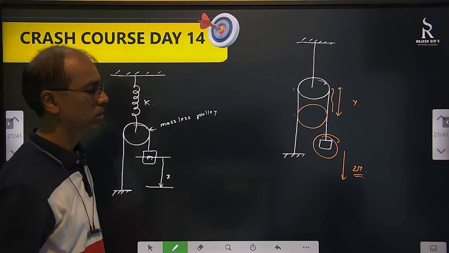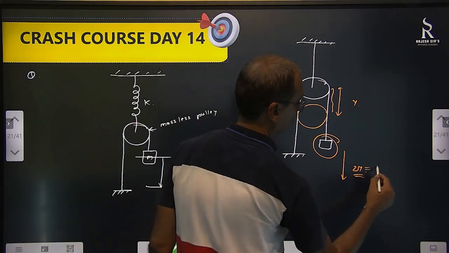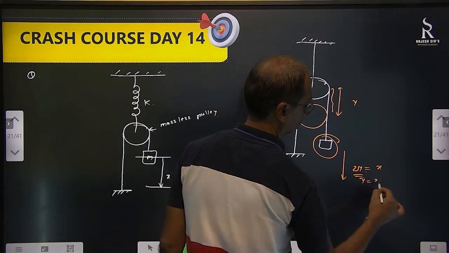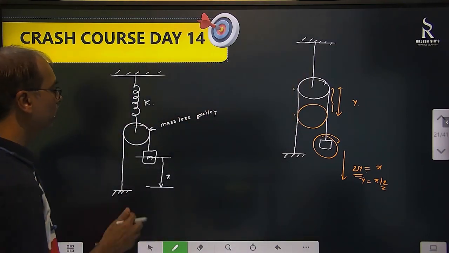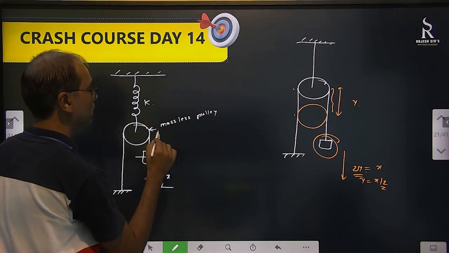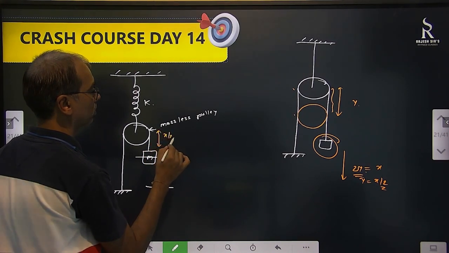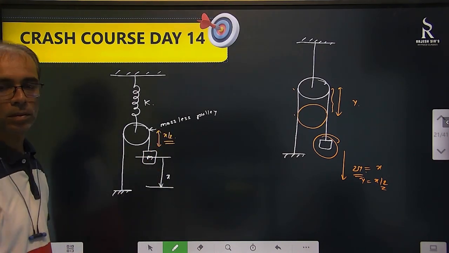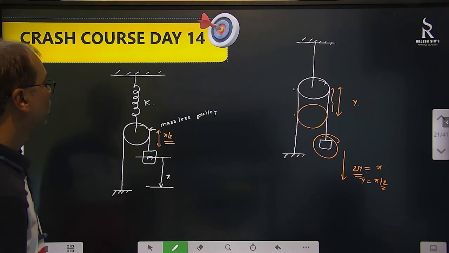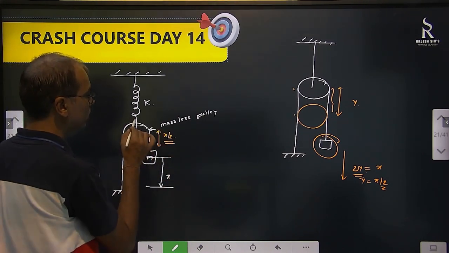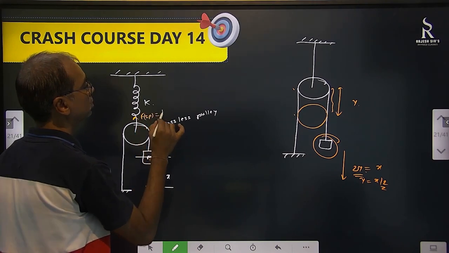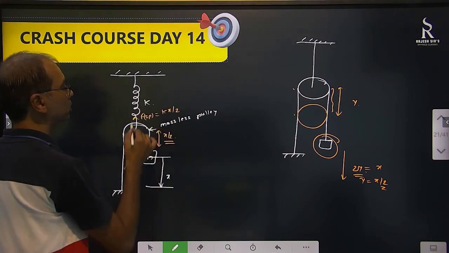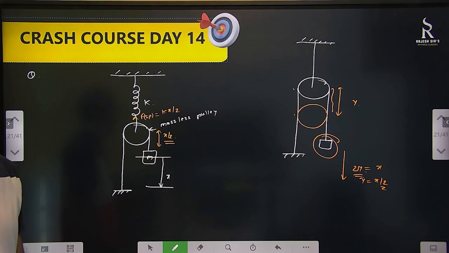Check: 2y is x, so y is x by 2. So the pulley came down by y, which is x by 2. Then spring force is kx by 2, because the stretch in the spring is x by 2.